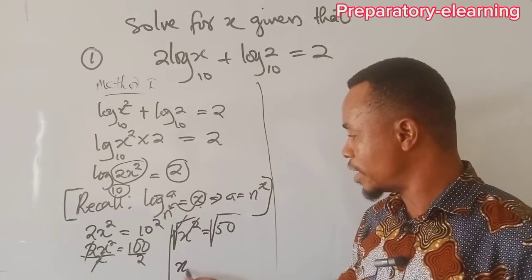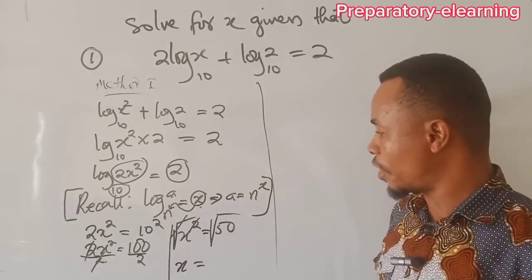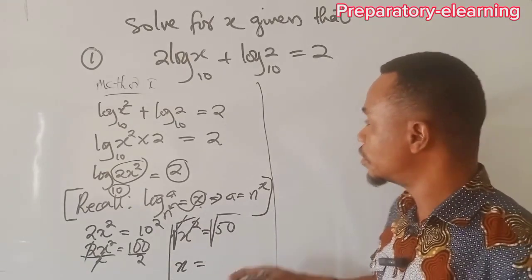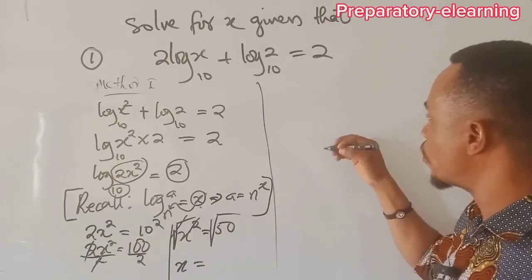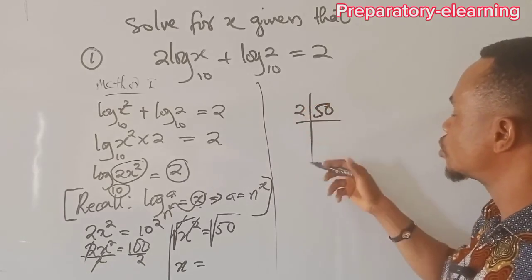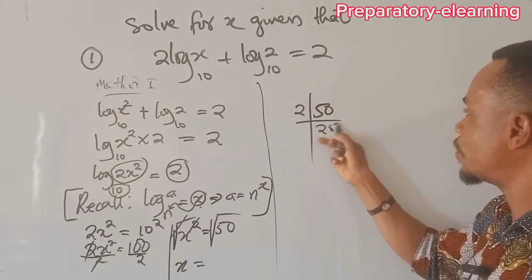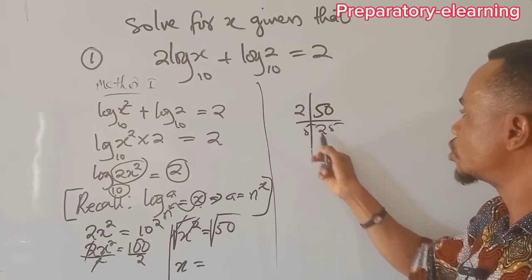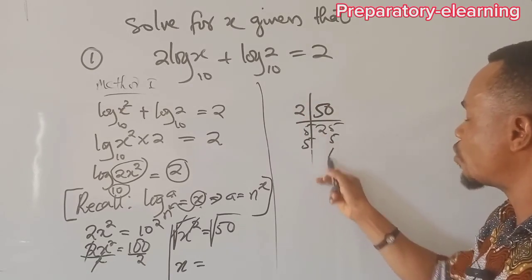We have x remaining here. So the square root of 50, if we are to simplify it according to our short form, we have breakdown. 2 goes into 50, 25 times. And then 5 goes, we have 5. 5 goes, we have 1.